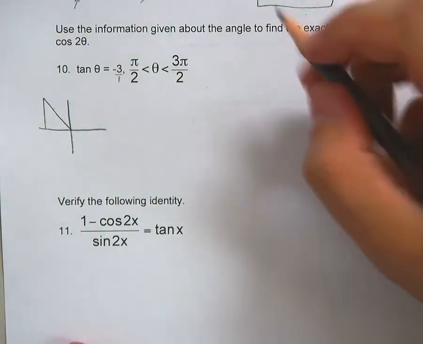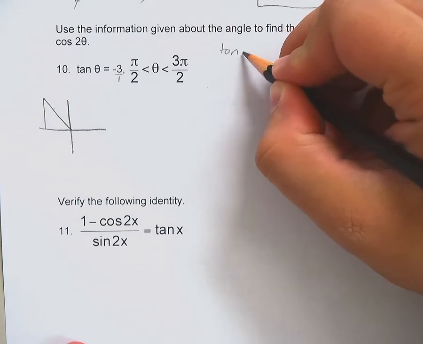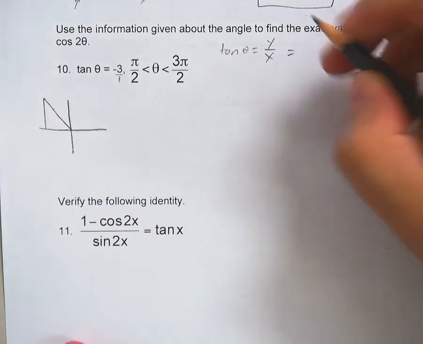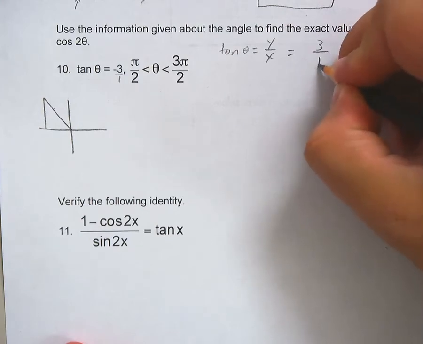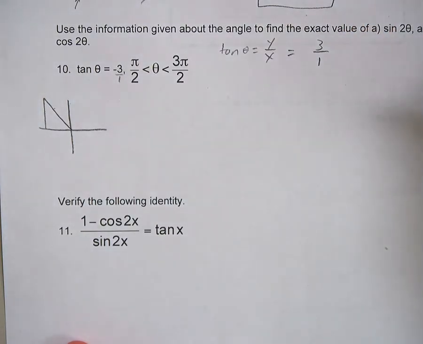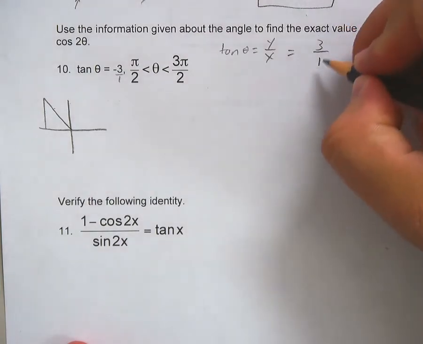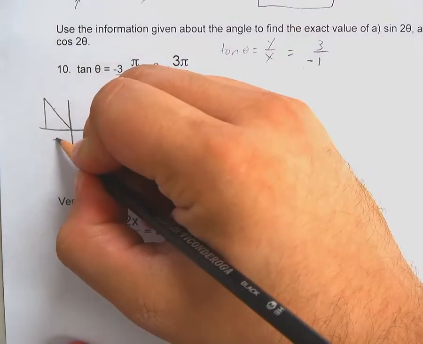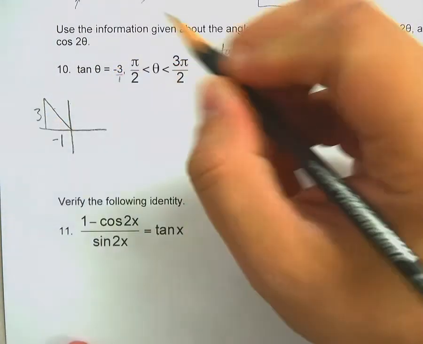So let me ask you a question real quick. If tangent of theta is y over x, which in this case happens to be 3 over 1, which one of those is going to be negative in the second quadrant? It's going to be your x value, isn't it? So you got a -1, you got a 3.